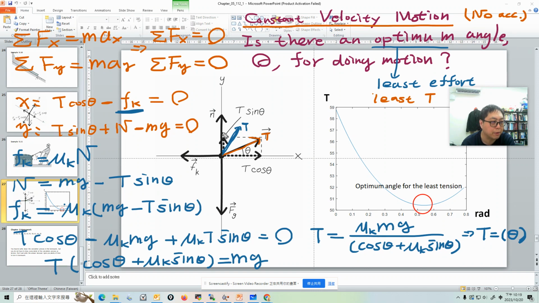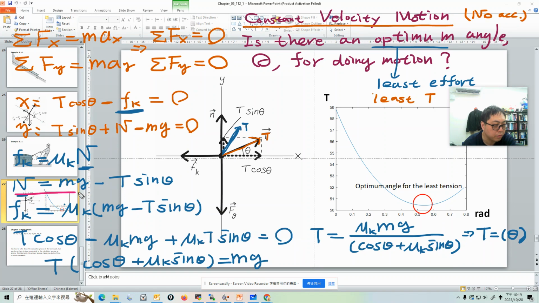Why? Because friction is mu k times N, right? And your normal force is equal to mg minus T sine theta. See here.